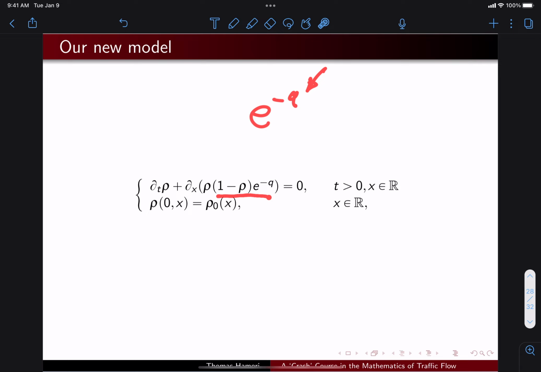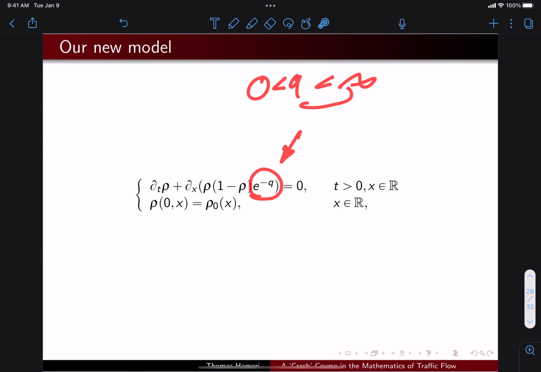That would make my velocity smaller. Whereas what's the largest number this could be? If q is a positive number, q has to be between 0 and infinity, right? When q becomes large, we already said this number becomes very small, so we have a big effect.